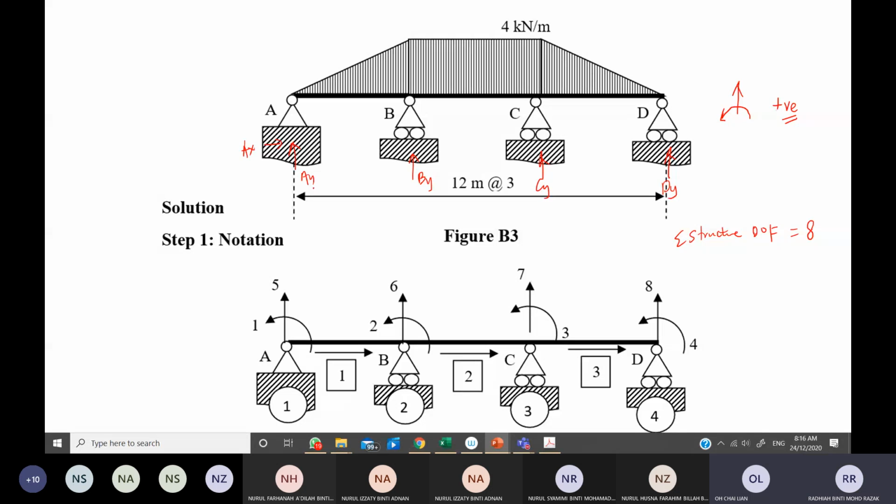So I will make it clear here: AY is equal to 0, BY direction equal to 0, CY equal to 0, and DY equal to 0. Of course, the X direction at A is also equal to 0, but we don't count it in the beam solution.